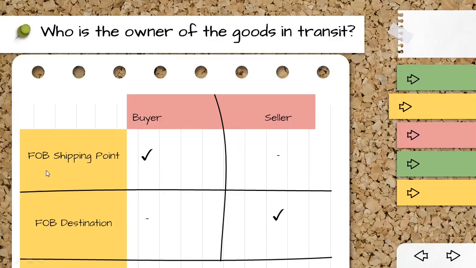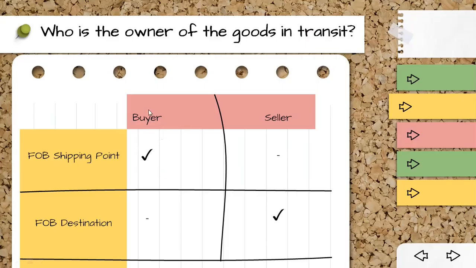So what does it say? When we say FOB shipping point, the ownership of the goods is already transferred from the seller to the buyer at the point of shipment. So while the goods are in transit, the buyer owns them already.